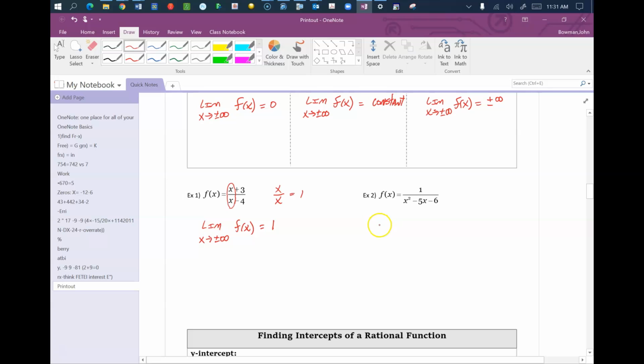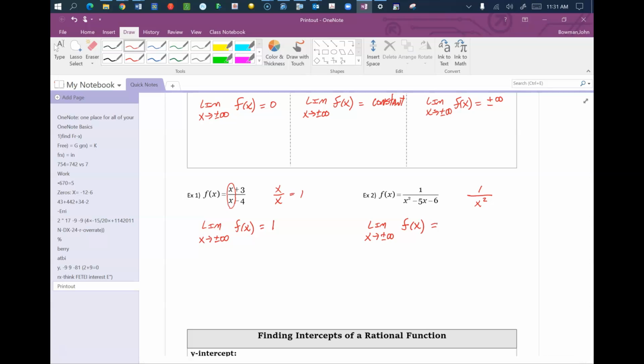In our second example, the highest degree term in the numerator is the constant 1, and the denominator is x squared, and the limit as x approaches plus or minus infinity of f of x, our rational function, is going to be whatever 1 over x squared does as x gets very large. And when I say large, I mean large in magnitude. X is approaching either positive or negative infinity.